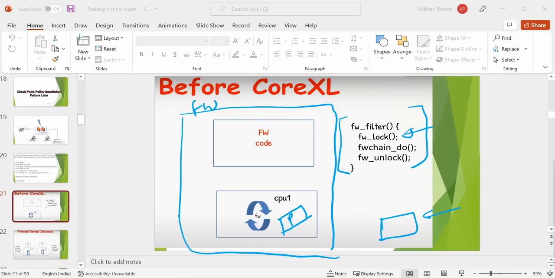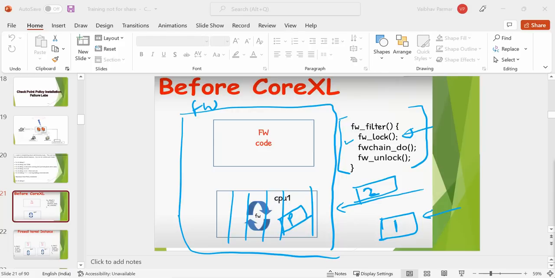This is packet number one. The CPU locks its processing. Whatever processing is happening on this packet, at the same time consider another packet reaches the firewall, say packet number two. This packet number two has to wait until packet number one's task is finished by the CPU.